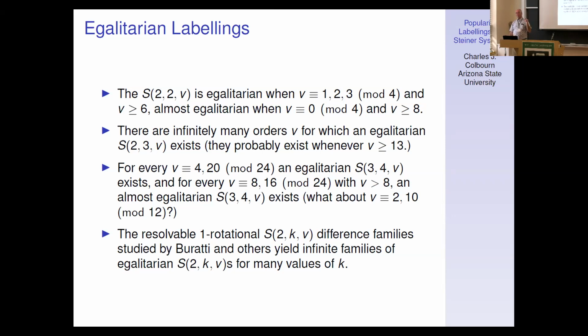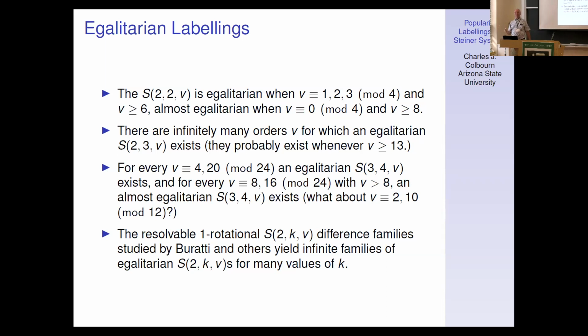For Steiner quadruple systems, the doubling construction again turns out to be really useful. When v is 4 or 20 mod 24, you can start off with an ingredient that's not egalitarian, but the doubling construction has this lovely property that it not only doubles the system, it orders it too. So you can actually make egalitarian systems from ones that aren't, which is something that, again, surprised me a little bit.